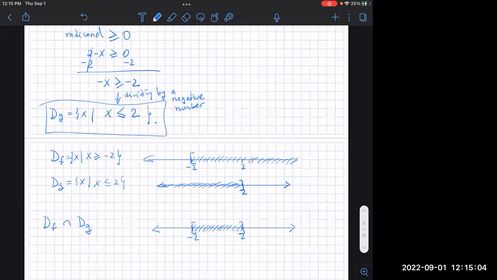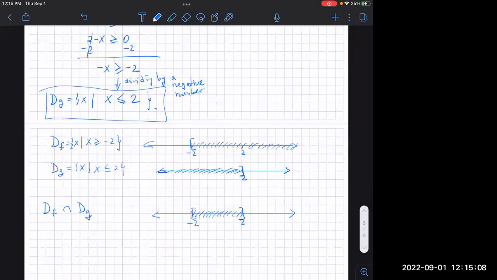Now, how do we write an interval like between -2 and 2 as an inequality? Isn't it -2 less than or equal to x less than or equal to 2? So this will be the intersection of the domains.